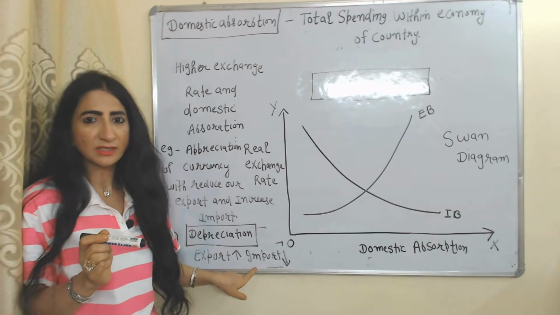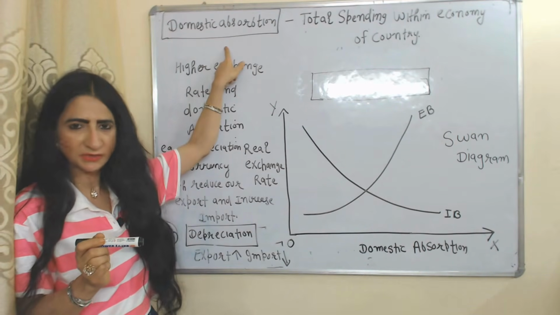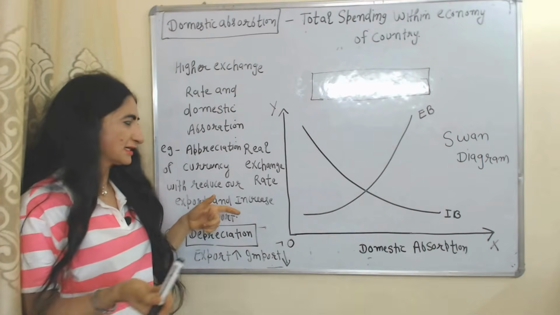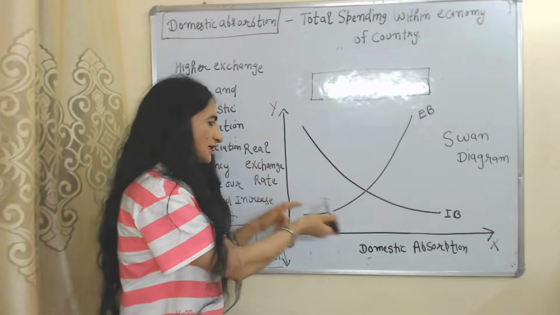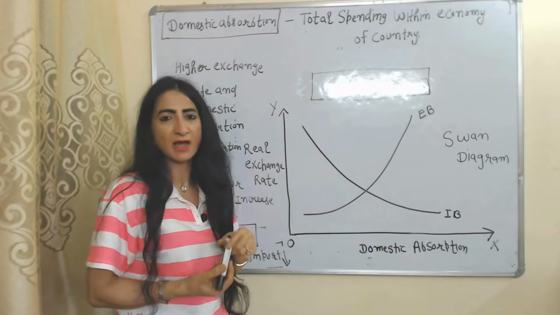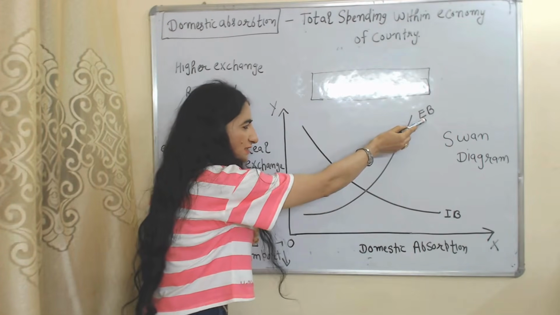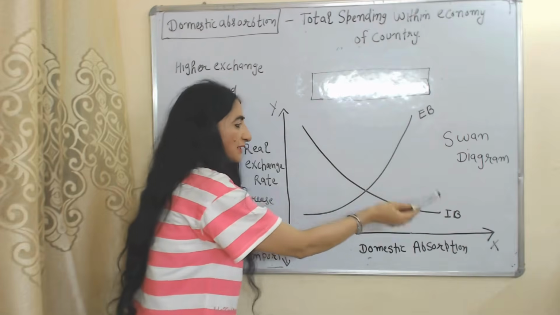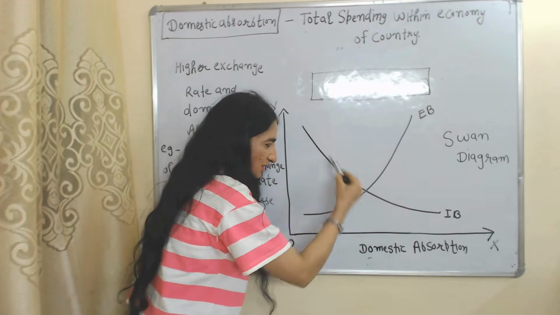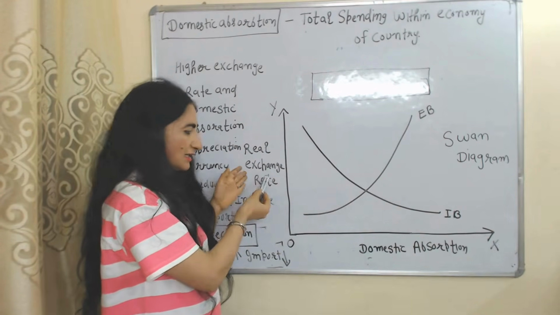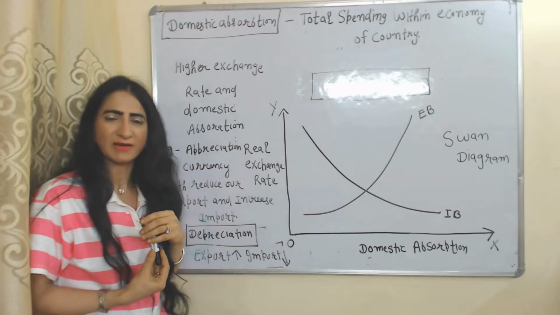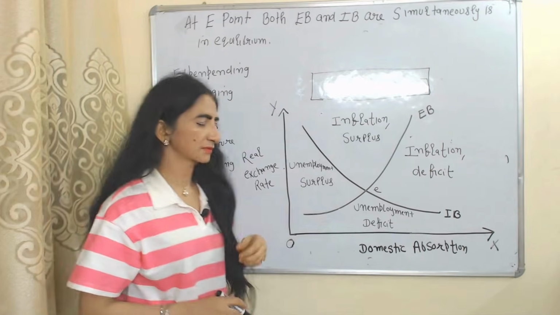If import are reducing, that means domestic absorption is increasing. So we can say that fall in exchange rate and domestic absorption have a positive relation. That's why slope of external balance curve is upward, but slope of internal balance curve is downward because higher exchange rate and domestic absorption have an inverse relation.